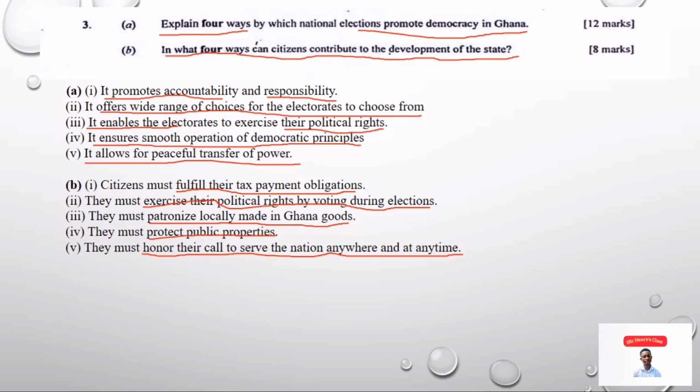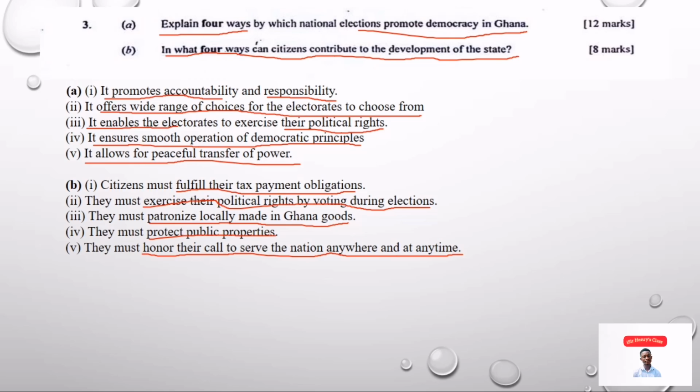It enables the electorate to exercise their political rights. Political rights are rights that pertain to political participation. So the people will have the chance to vote during election. It ensures smooth operation of democratic principle. One major feature of democracy or democratic governance is a peaceful, free, and fair election.